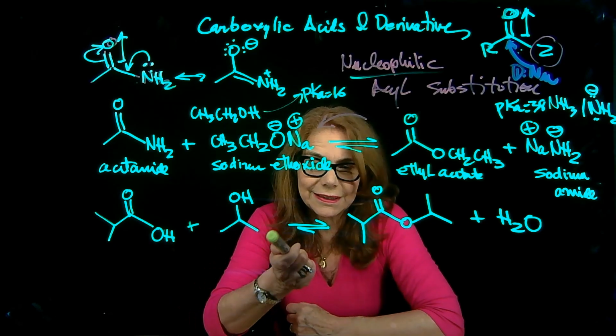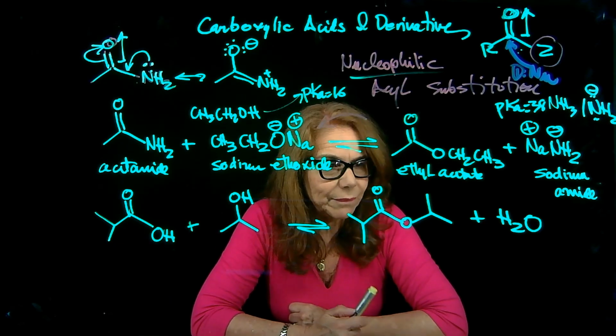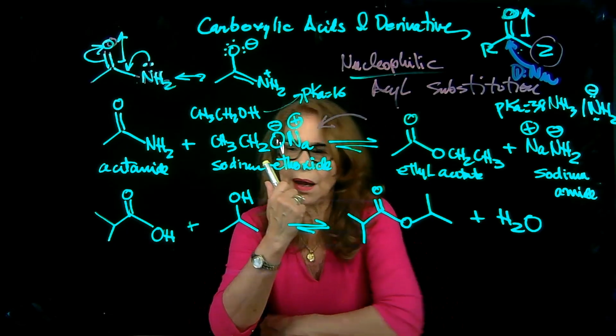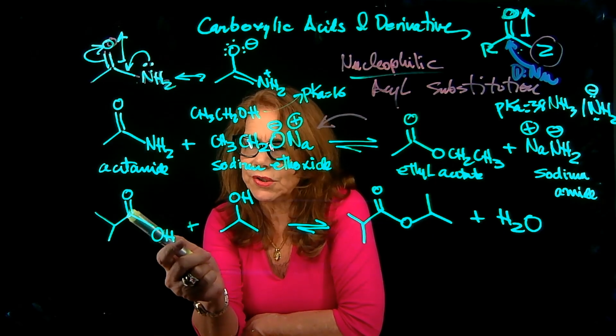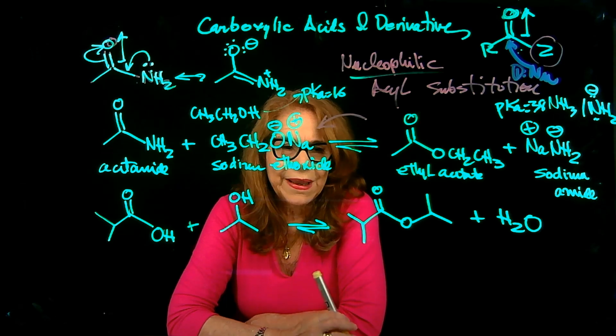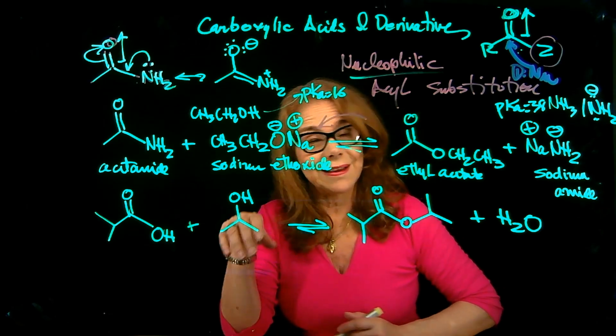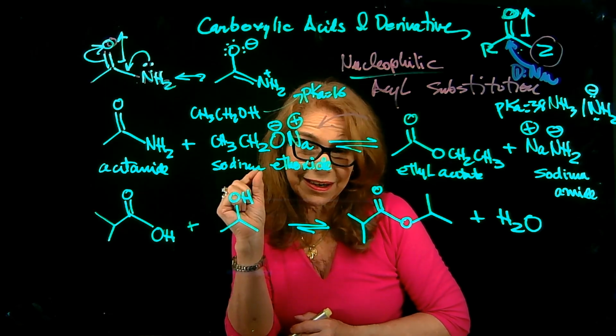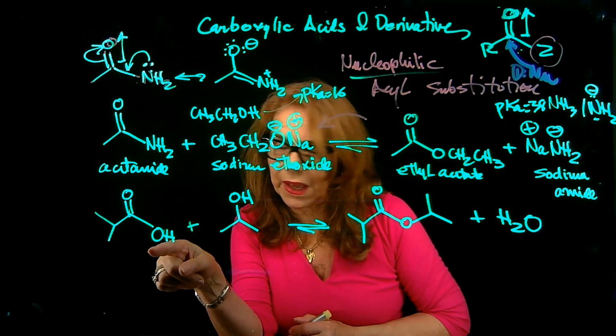All right, let's analyze the other reaction. That's a little bit more difficult because here you have oxygen attached to the carbonyl. Here again, same thing. In terms of reactivity, the ester is likely more reactive than the carboxylic acid.